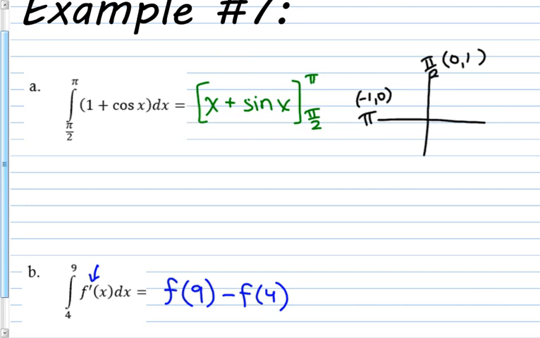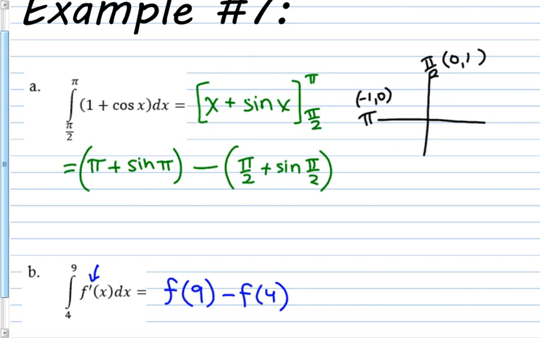So let's see. I'm going to plug in the pi and then the pi over 2. So pi minus sine of pi, okay, or sorry, plus, sorry, minus pi over 2 plus sine of pi over 2. So let's see. I have pi plus sine of pi is right there, 0.